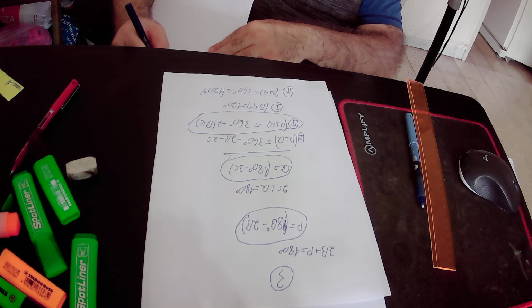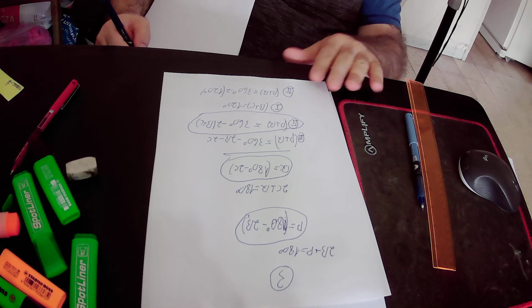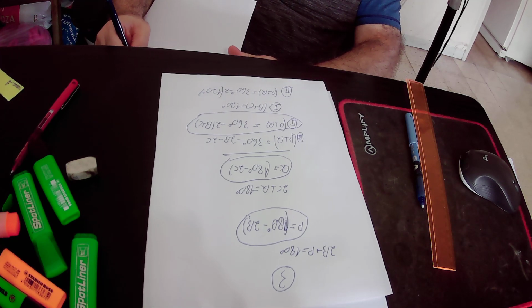P plus Q equals 360 degrees minus 2 times 120 degrees, which is 240 degrees.